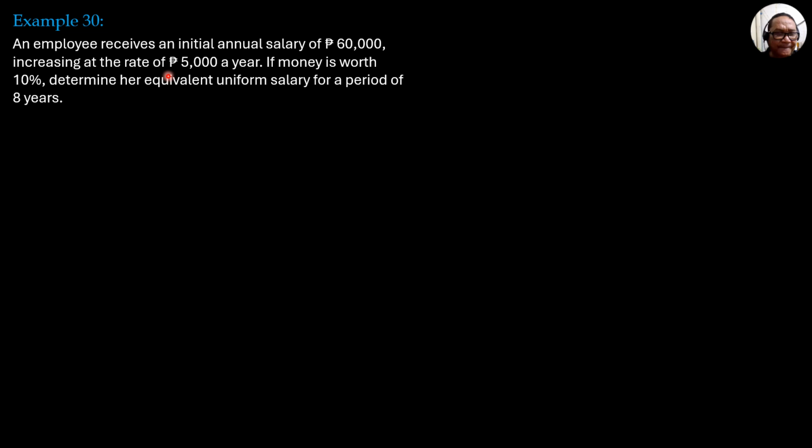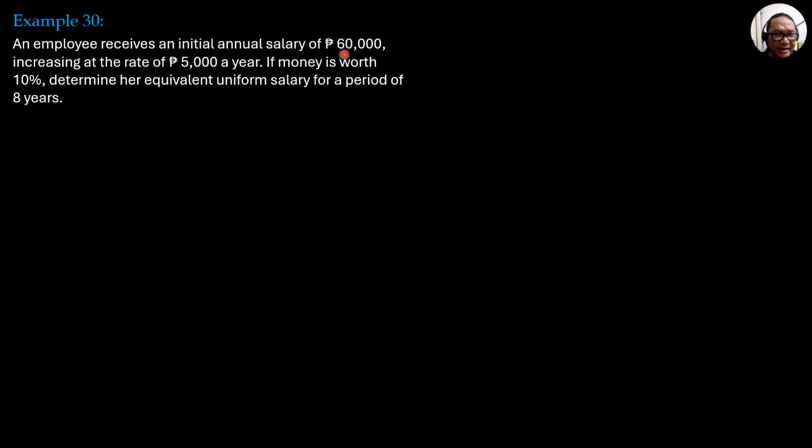So the cash flow diagram appears to be a uniform arithmetic gradient, and the uniform value is equal to 60,000, which is already uniform, and every year, take note, it is increased by 5,000.